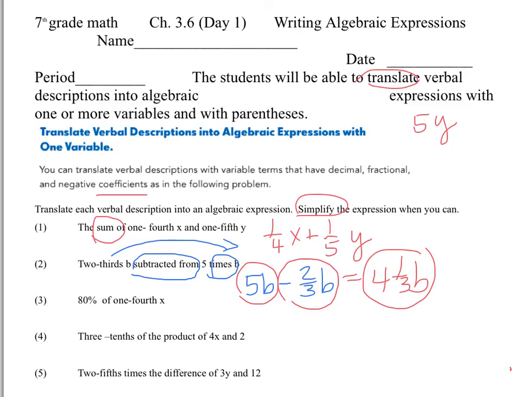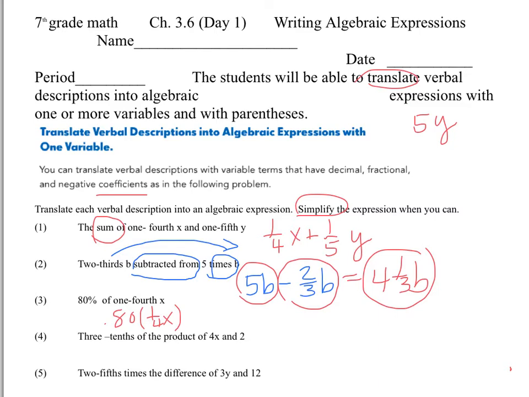All right. So now we have 80% of 1/4 x. Remember, of always means multiply. So 80% we need to write as a decimal, so that's 0.80. Of means times 1/4 x. Okay, so 80% as a fraction is 80 over 100, which is 4/5.